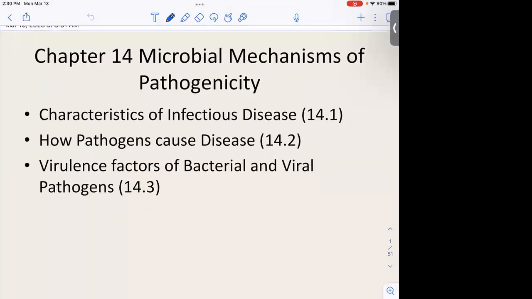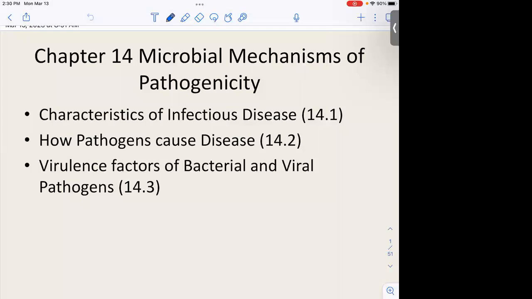Okay, but I do want to move on. We're going to move on to talking more about the process of infection. Hopefully you find this meaningful, those of you that are going into fields of medicine. It's a little bit of terminology, but a lot of terms that I think you'll be familiar with.